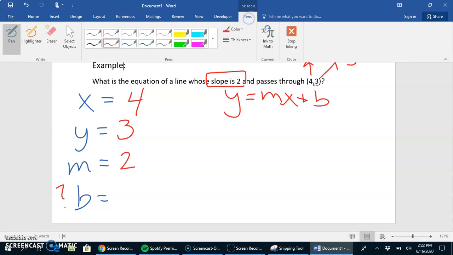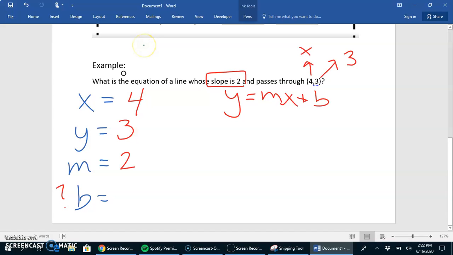The only way to do that is to plug in what we already have. Let's do it. Our y is 3. Our slope is our m. So that's going to go right here. Our x is 4. So we're going to use some parentheses to separate there. That's going to show that we're going to use multiplication. And then we're still looking for our b, right?